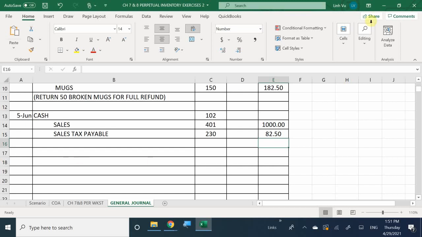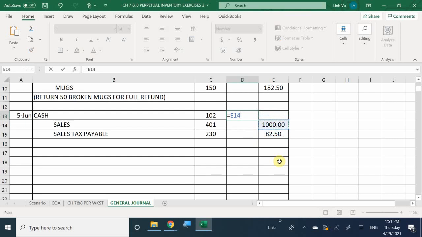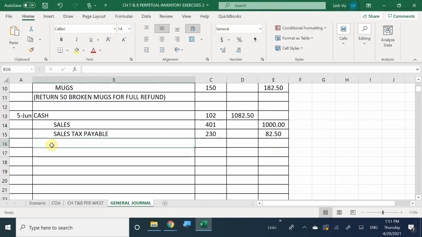Okay. So therefore, in grand total, how much cash should I be receiving? 1,082.50.